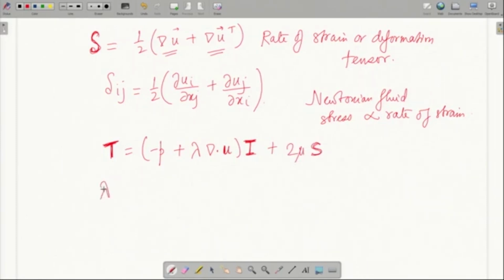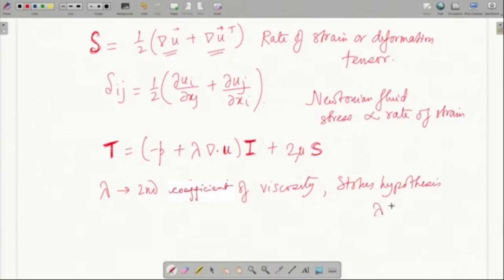And here lambda is the second coefficient of viscosity, and from Stokes' hypothesis we know that lambda is equal to minus 2/3 mu. So, we have made a number of approximations or assumptions rather to finally express the momentum equation in a form like this.